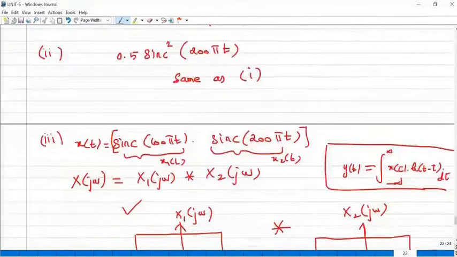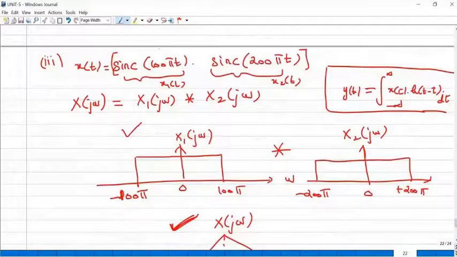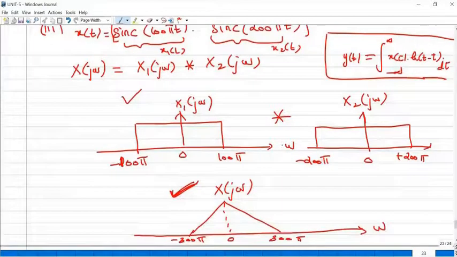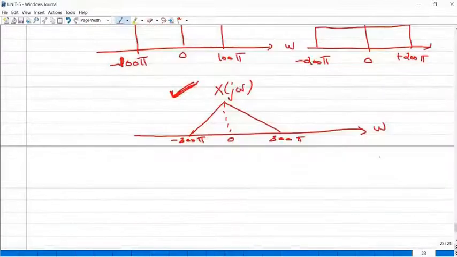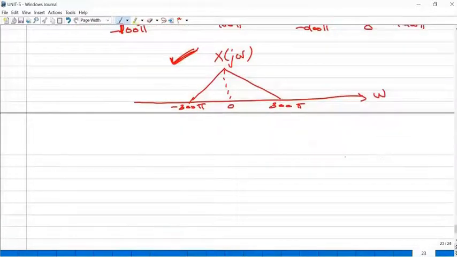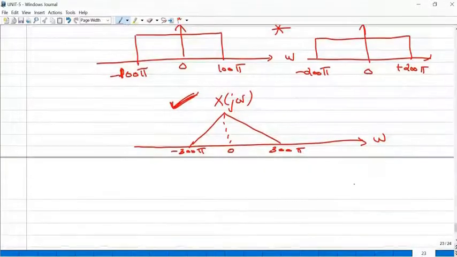But if the signal is a multiplication of 2 or 3, then take the CTFT of each signal and perform convolution between these spectra. Please remember, if two sinc pulses come in the form of a product, this is how to solve the problem.